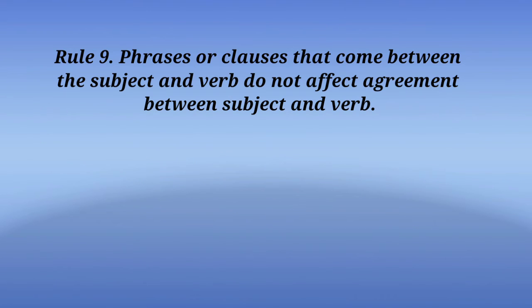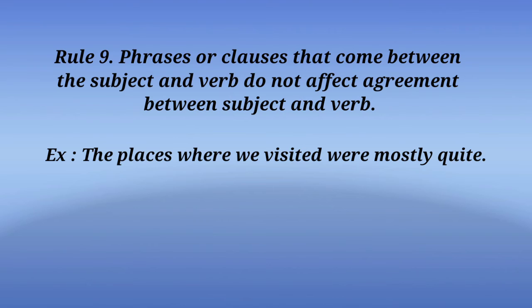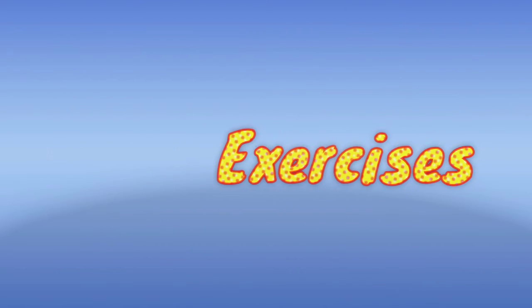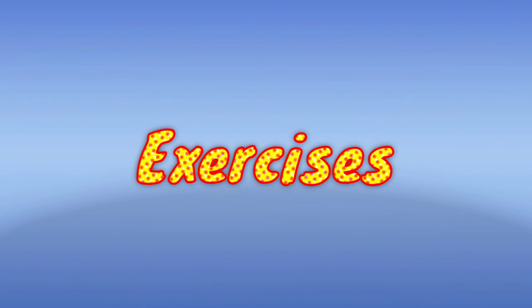Look at another example. The places where we visited were mostly quiet. Here the plural verb were agrees with plural subject places and where we visited is a relative clause. Let's begin exercises.